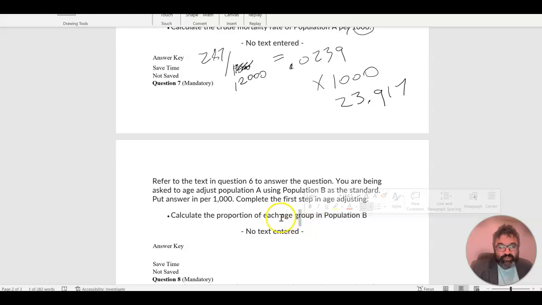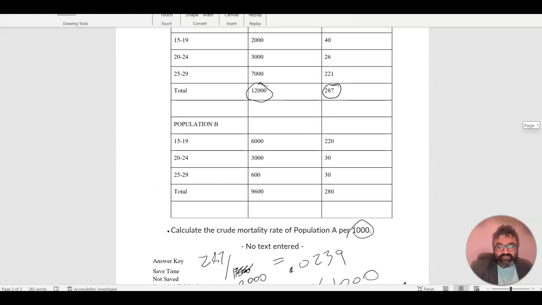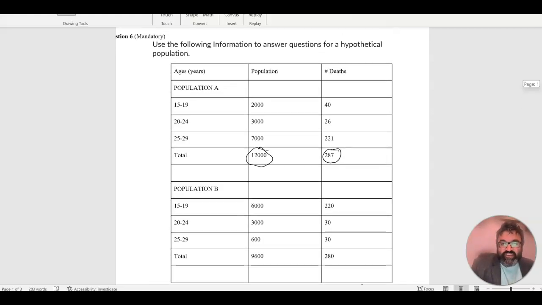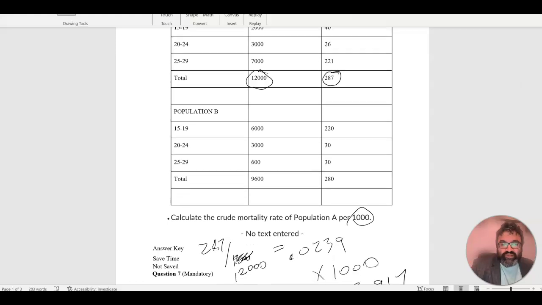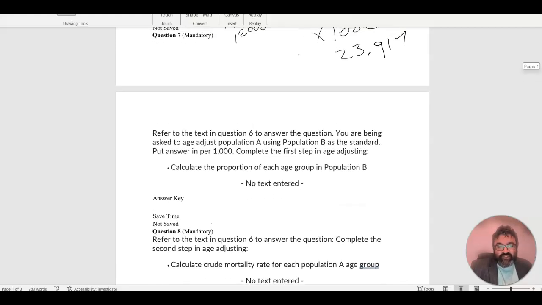Let's calculate the proportion of each age group in population B. You would divide 6,000 by 9,600, 3,000 by 9,600, and then 600 by 9,600. So let's see what that entails.